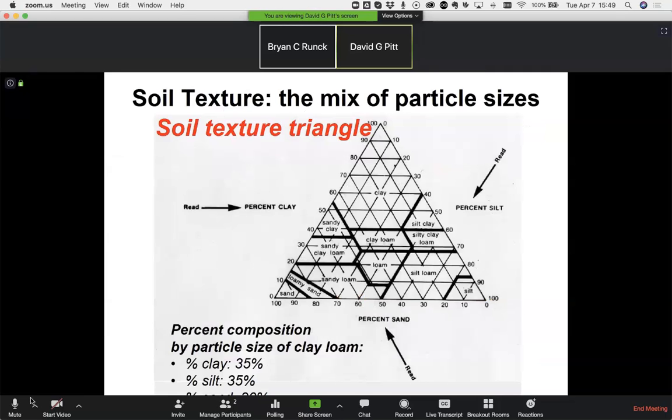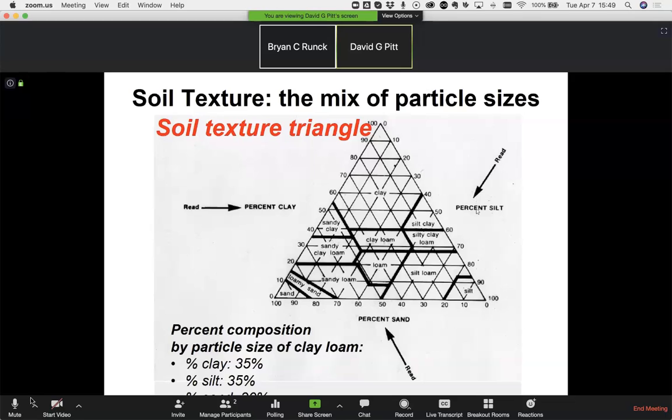We often use the soil texture triangle as a means of characterizing particle sizes. The soil texture triangle involves 3 different metrics. First of all, it's the percent of soil particle size that falls into the clay definition from 0 to 100%.